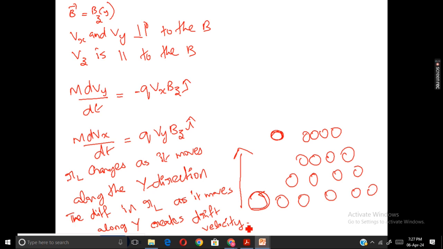Earlier we assumed that the length of inhomogeneity must be greater than the Larmor radius RL of a single particle, to make sure that the particle, while gyrating in one orbit, will not experience any inhomogeneous magnetic field.